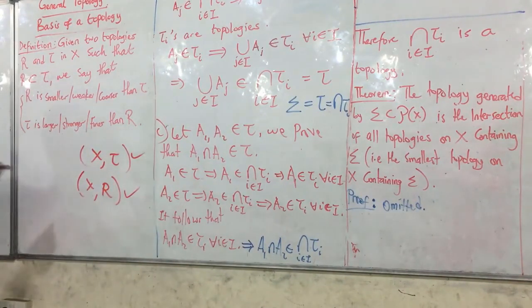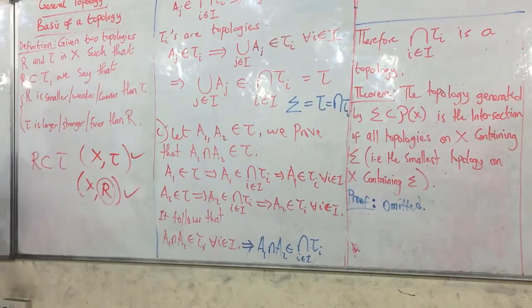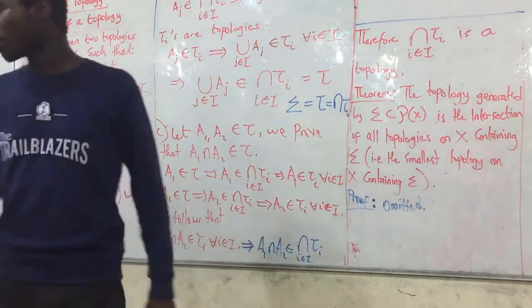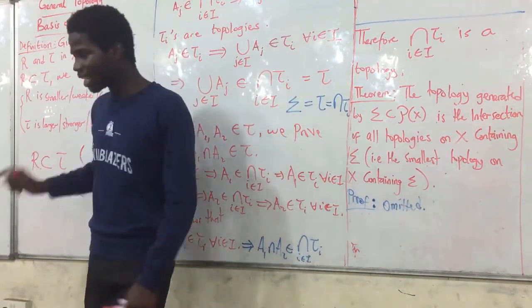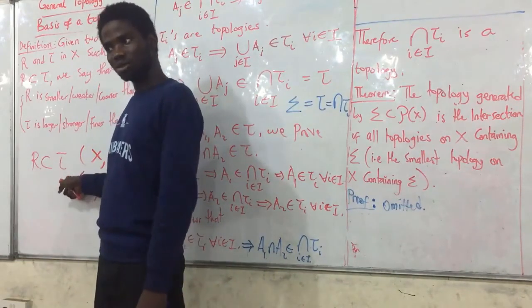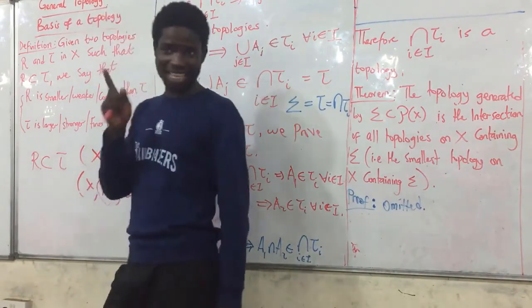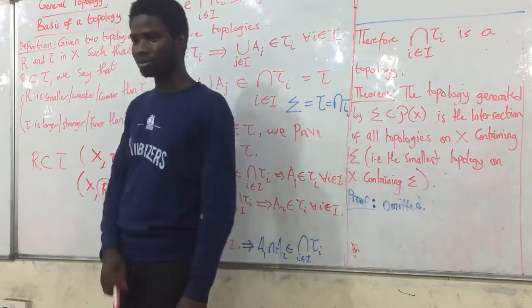Now, if one of the topologies is a subset of the other one, that is, if you look at the two topologies defined, one is a subset of the other, then we say that this one is coarser than R. That's the major word we normally use.